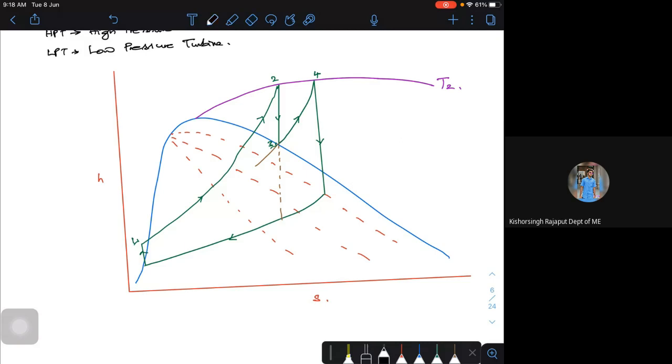Let me call this point 5, or 5 dash, which is the imaginary point. So this is my dryness fraction, x5 dash. Your x5 is much better, higher compared to your x5 dash.